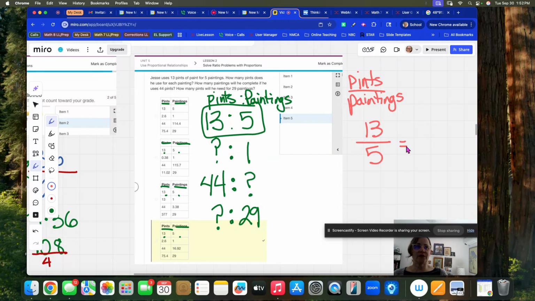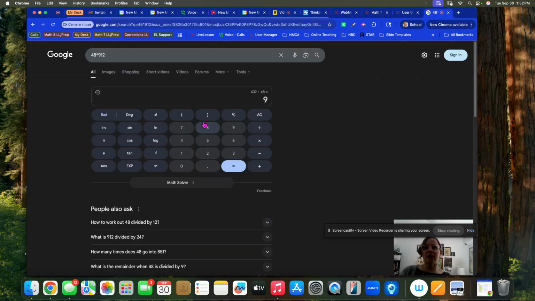Okay, we want to know how many pints this would equal for one painting. This one's going to be our unit rate. So I'm going to divide by 5 to get this answer. You can do this part in the calculator. 13 divided by 5 equals 2.6.